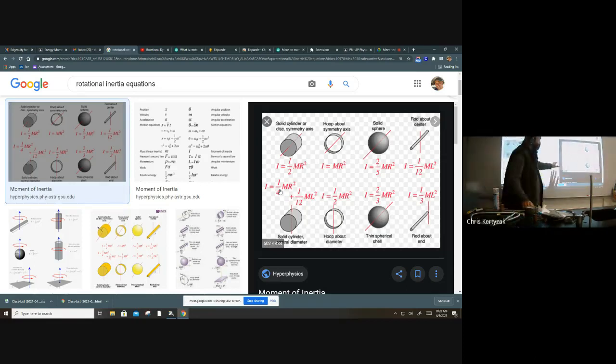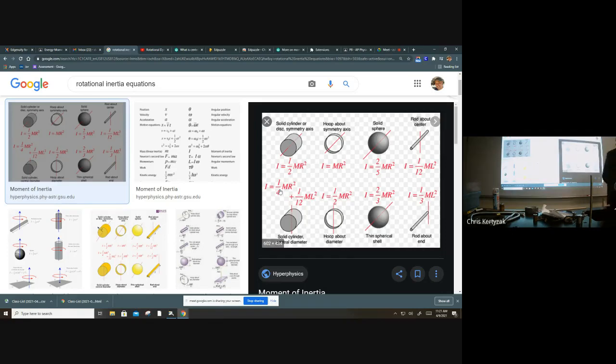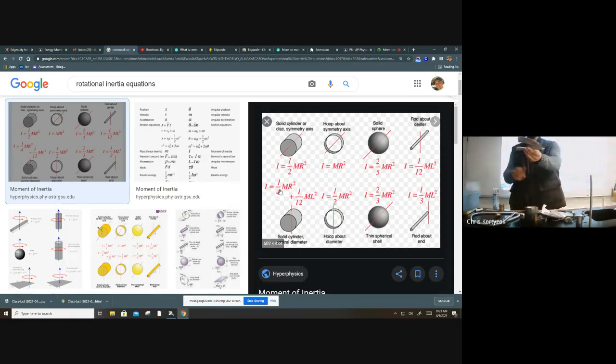Usually they reference nice geometrical objects. Symmetrical, they have symmetrical distributions of their mass, so they're nice, just geometrical objects. But not all things are geometrical. I'm looking around my room. Is this a symmetrical object? Definitely not, right?